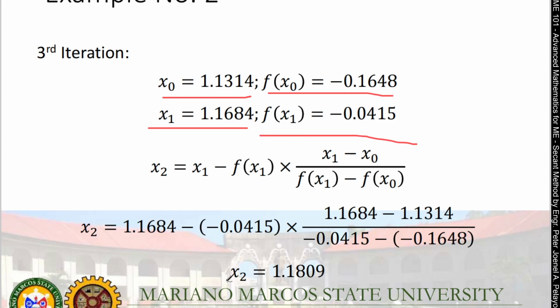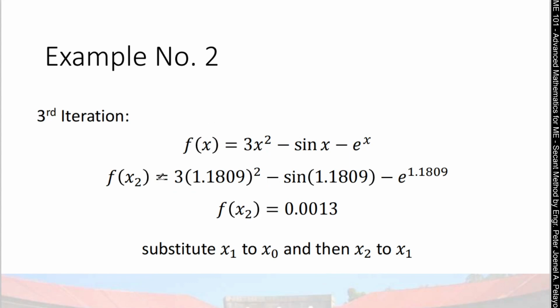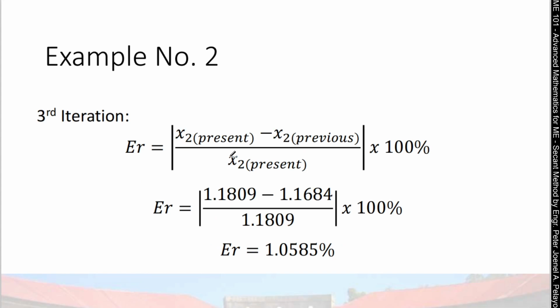X2 natin is 1.1809 with f(X2) of 0.013. So, getting closer to 0. Substitute X1 to X0 and then X2 to X1. So, ER, present minus previous over present times 100%.